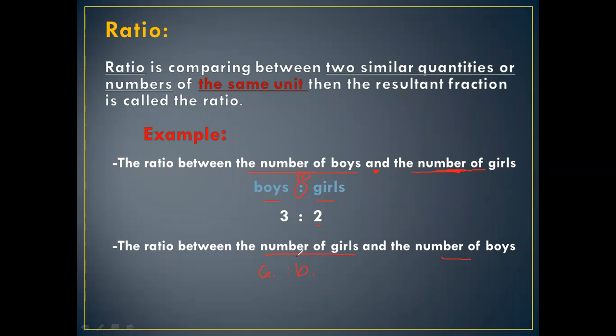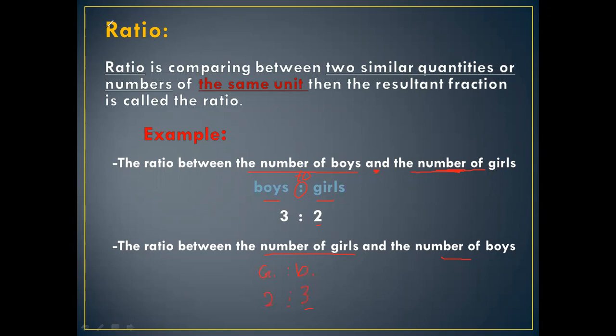I wrote it here, 2. So 2 to 3. So I will read it as 2 to 3. I will start with girls and then the boys.